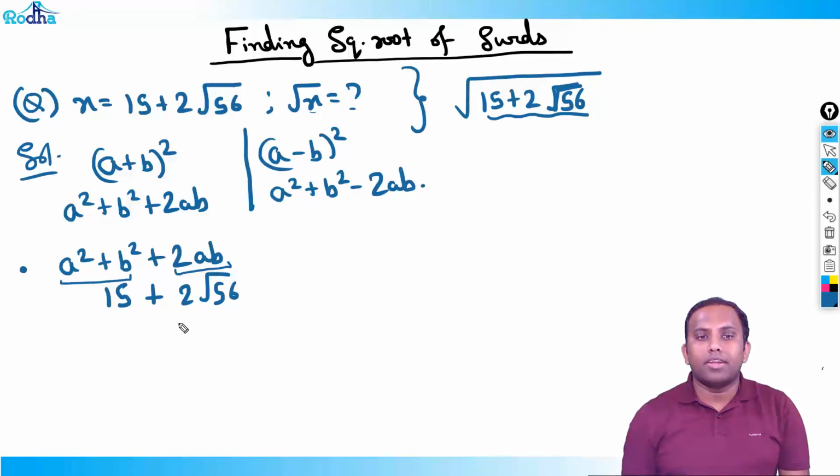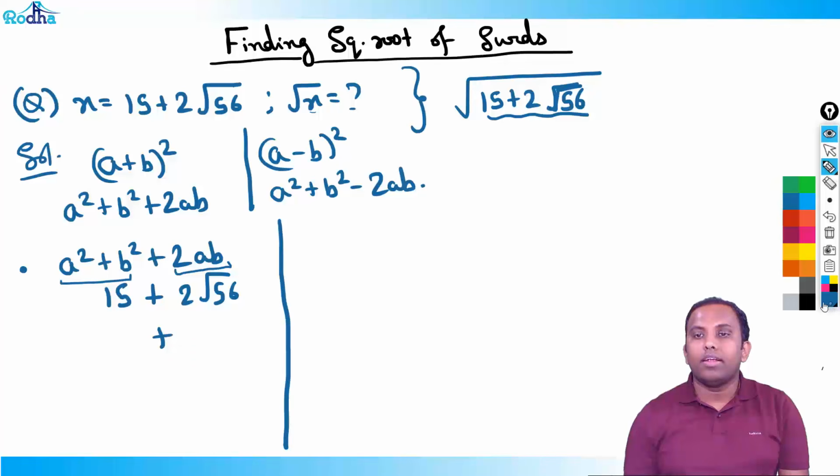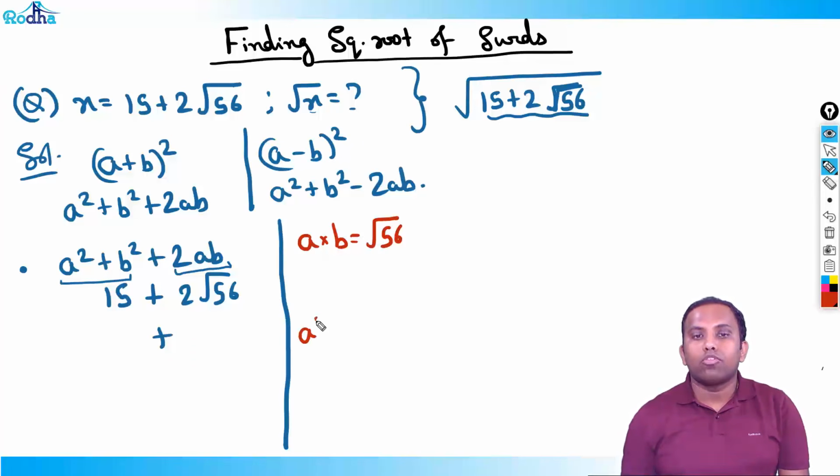It's quite easy here. You can sense it. I'll tell you the way also how to do it. What you have to do right now is break a into b as root 56, with a square plus b square being 15.